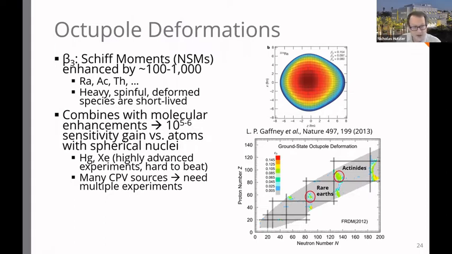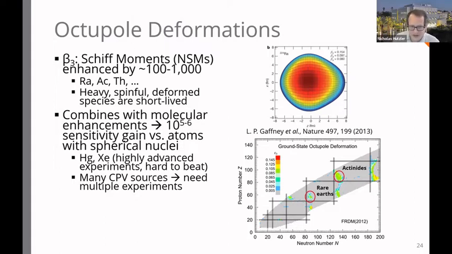Of course, on the other hand, these atomic experiments like mercury, xenon, radium are extremely advanced experiments. So they're really hard to beat, even with these dramatic enhancements. But there's a lot of hope that going forward, as the molecular technology continues to improve, these experiments could lead to big improvements.